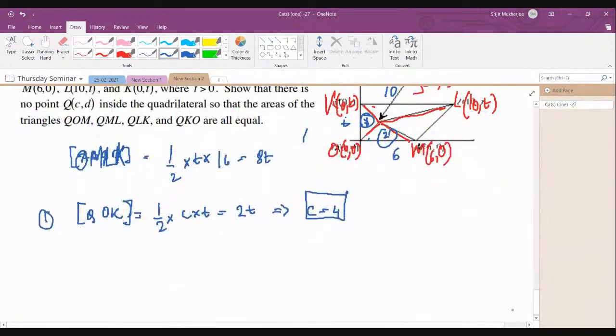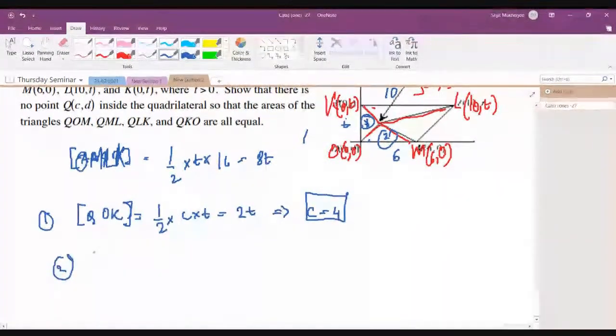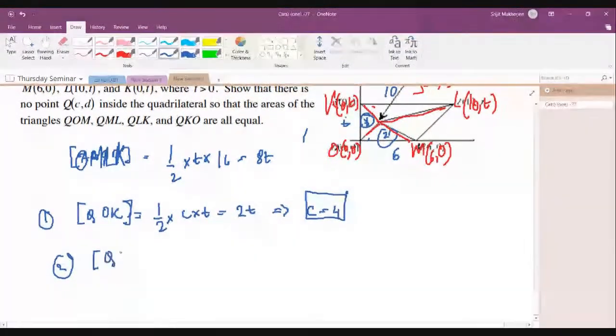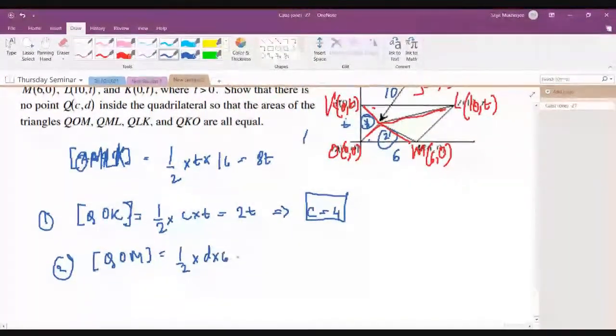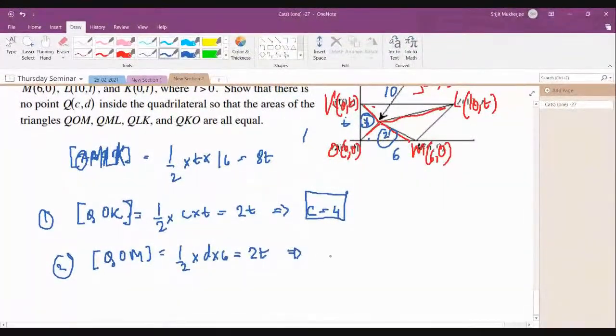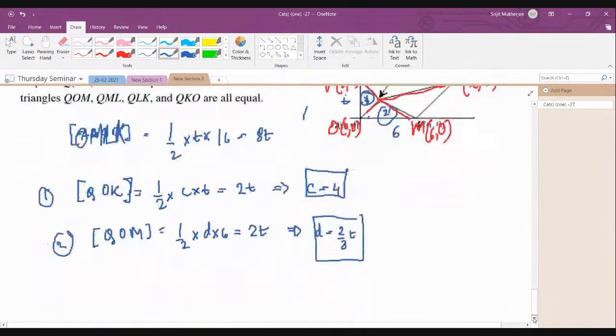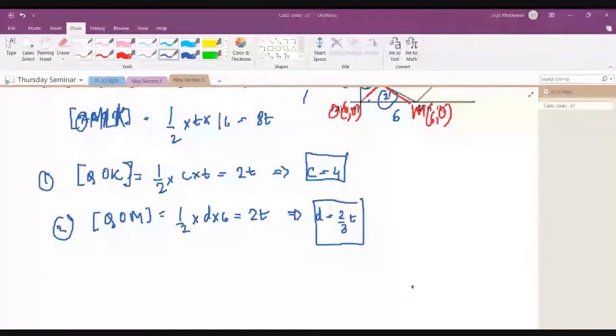Its area, triangle QOM, is half into D into 6, which is again 2T. So we get that D is equal to 2 by 3 into T. Okay, that makes sense. So now we got the values of D and C.